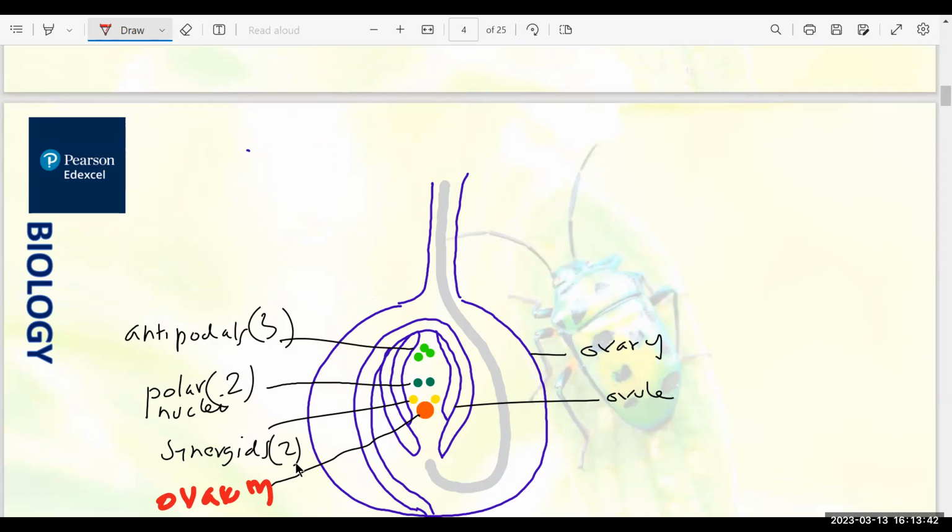Okay. Now the opening into this ovule is called micropyle.